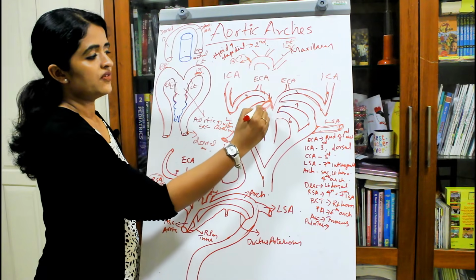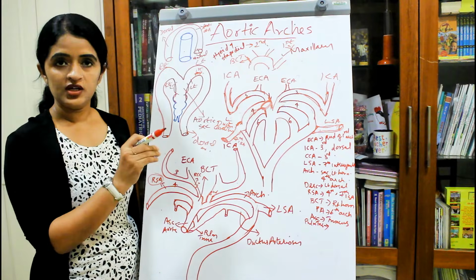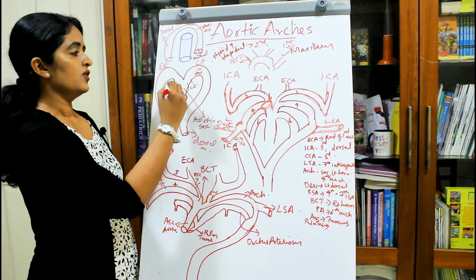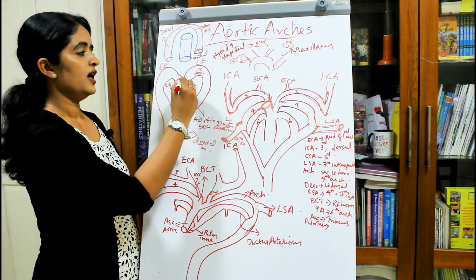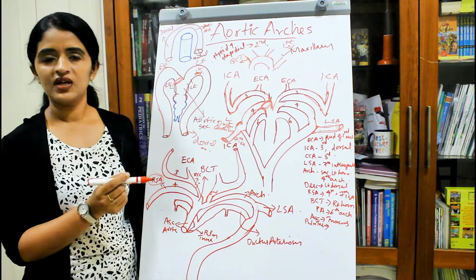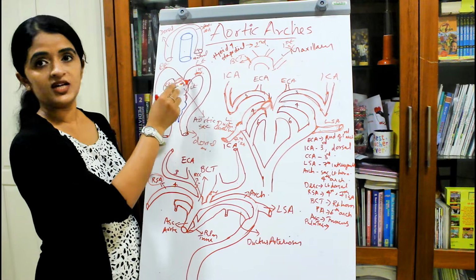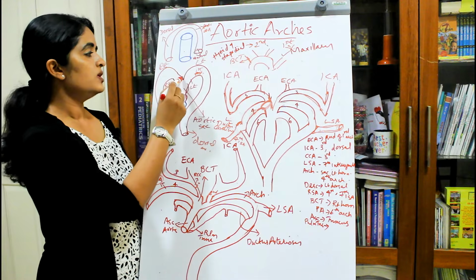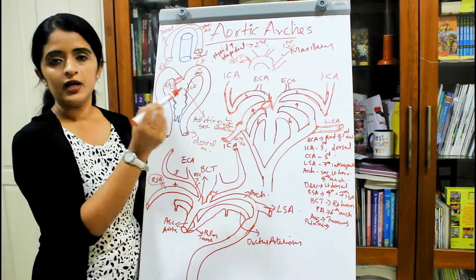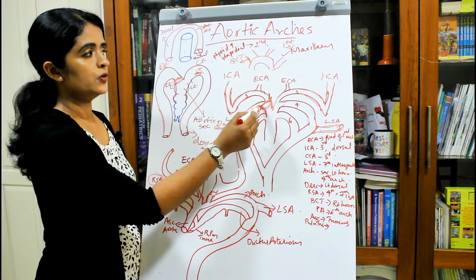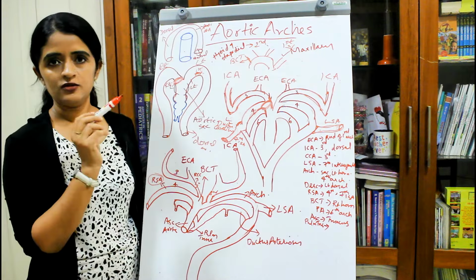This brachiocephalic trunk is actually formed from the right horn of the aortic sac. We mentioned the aortic sac and the right and left horns, isn't it? So this right horn of the aortic sac is giving rise to the brachiocephalic trunk.